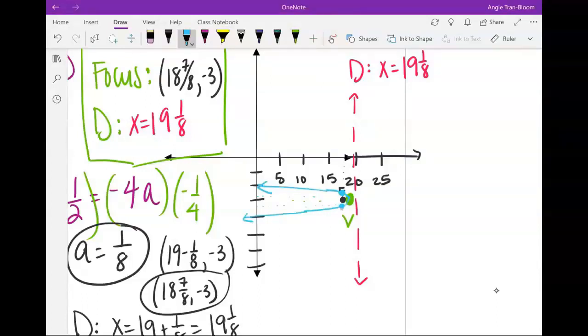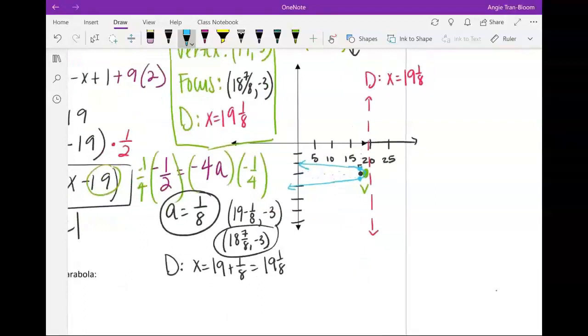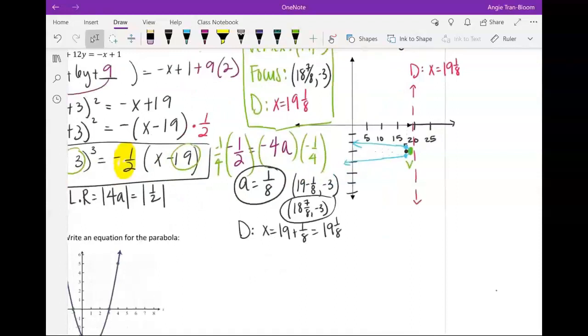Then if I ask you to find the ordered pairs of the latus rectum, we can take the y value of the focus and add a quarter, and we can also take the y value and subtract a quarter. And remember, the reason we do a quarter is because it's half of the total length. So if I ask you to find the latus rectum point on the top here, then we're going to take, remember, the y value of the focus.